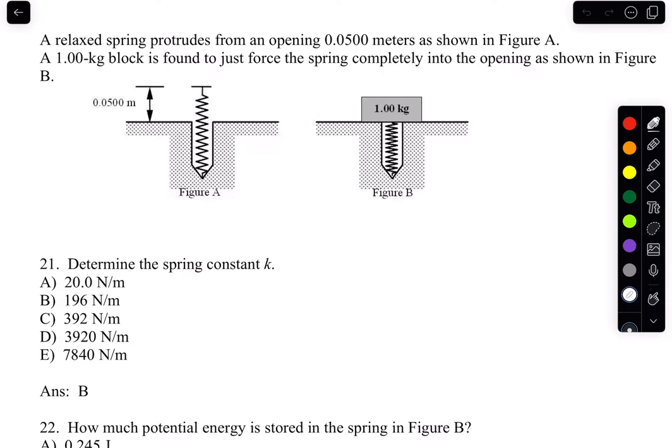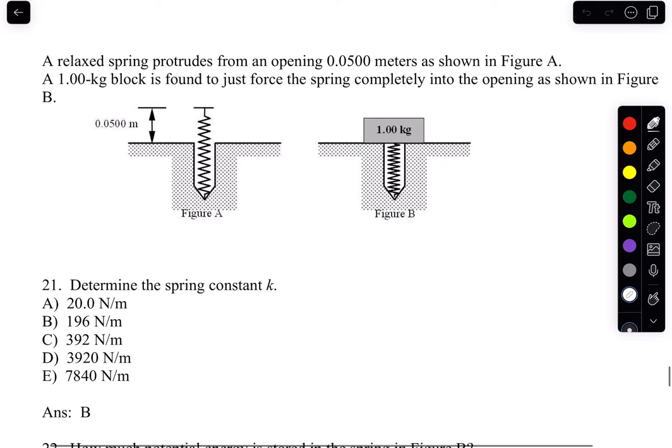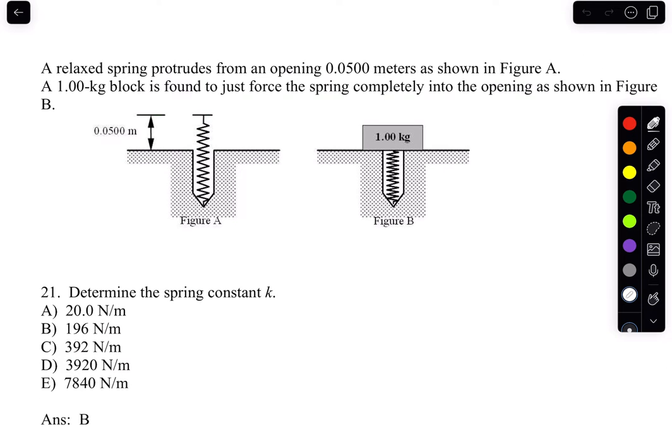in figure B. We want to find the spring constant K, so we can look at figure B, in which we see that the spring is now compressed and is thus exerting some restoring force.